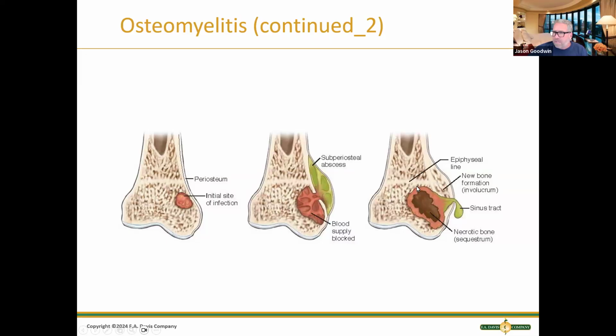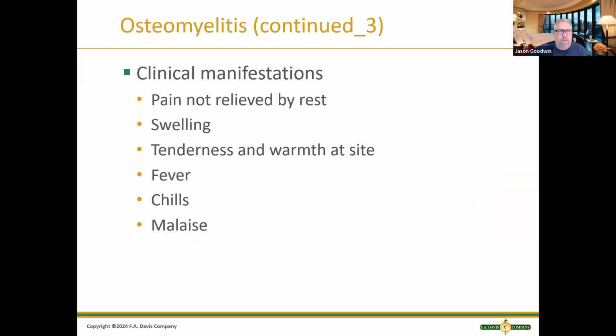So you see necrosis on this right section, and that's all because of this ongoing infection. And so you have some new bone growth, but ultimately it's a very serious problem that takes a long time to get rid of.